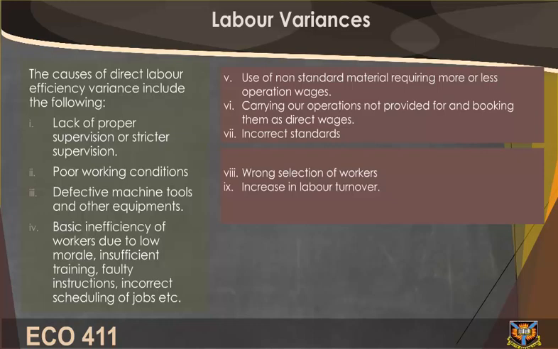Use of non-standard material requiring more or less operational wages. Carrying out operations not provided for and booking them as direct wages. Incorrect standards. Wrong selection of workers. Increase in labor turnover.